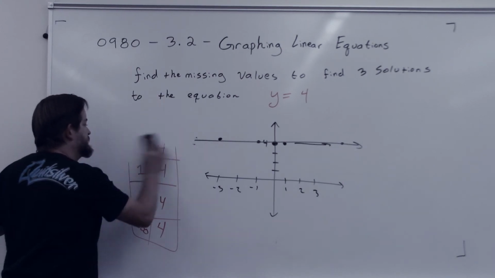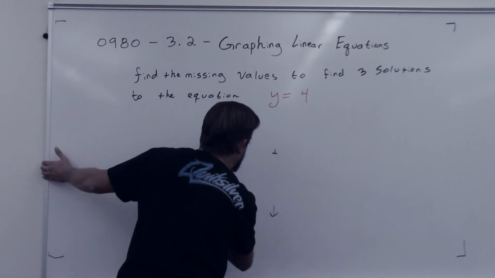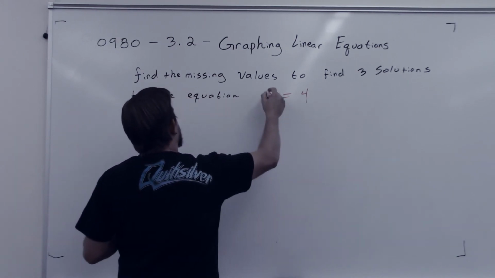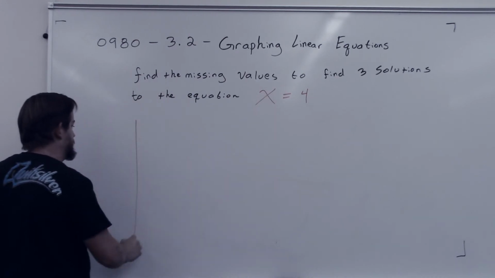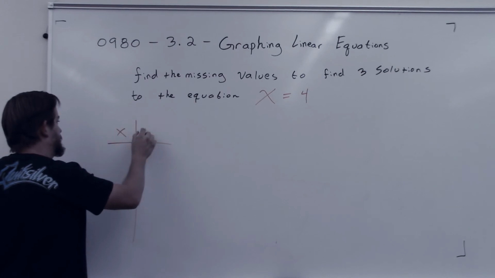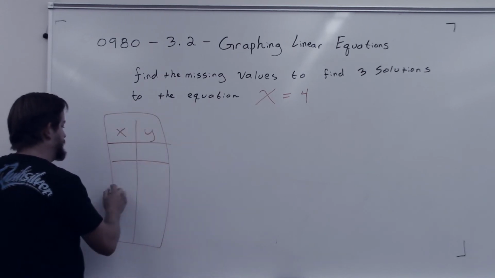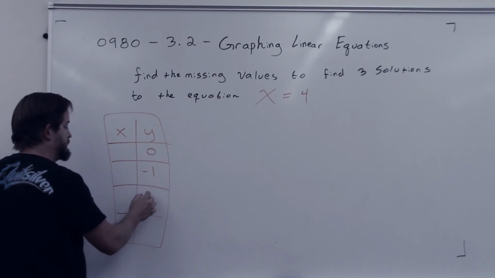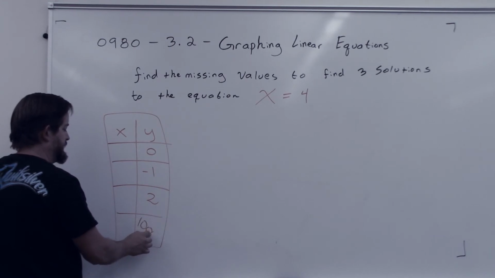Likewise, what if we say x equals 4? And I want to find some values. Let's say when y is 0, when y is negative 1, when y is positive 2, and let's say when y is 10,000.